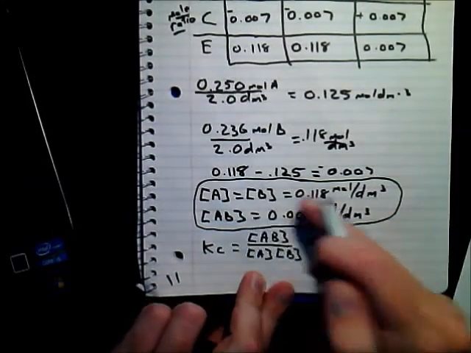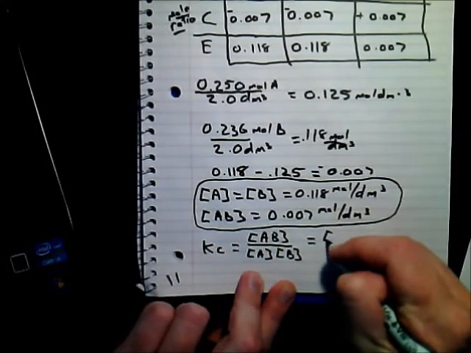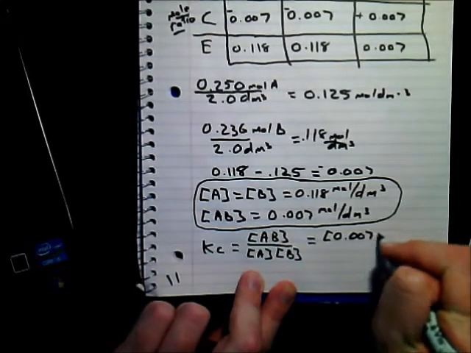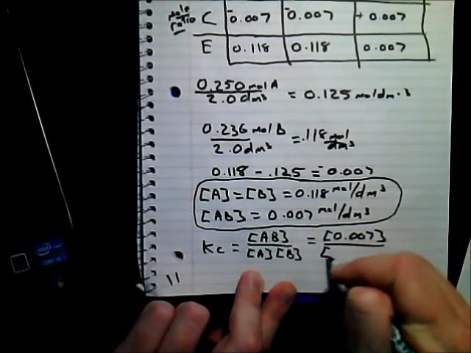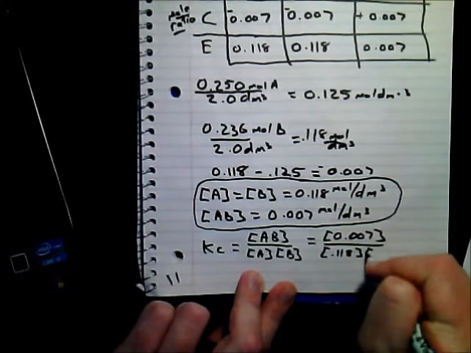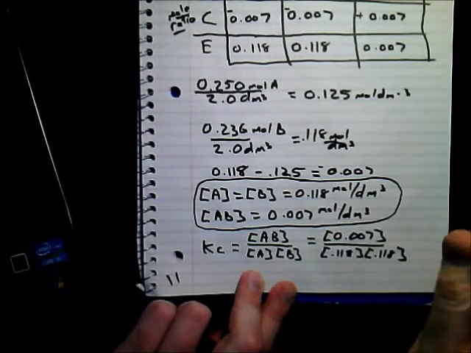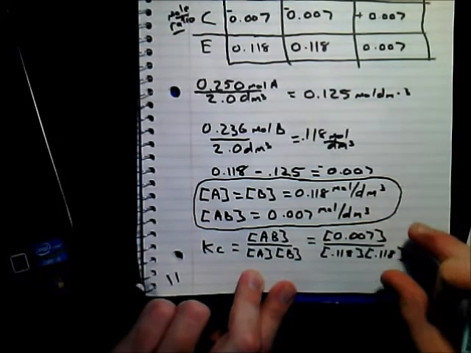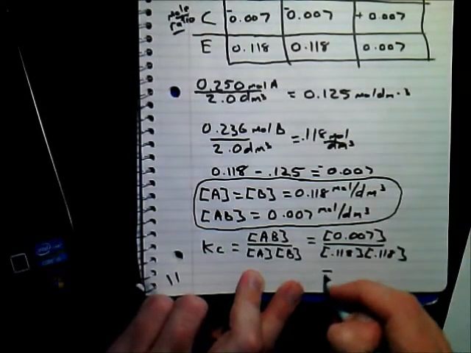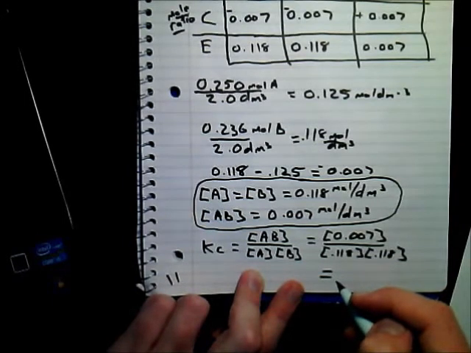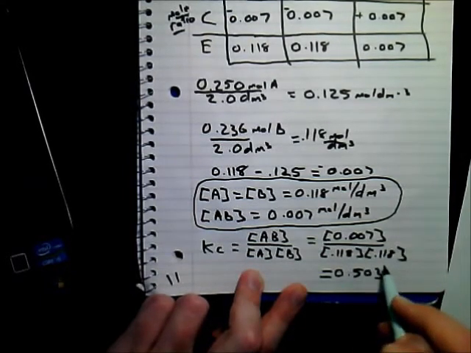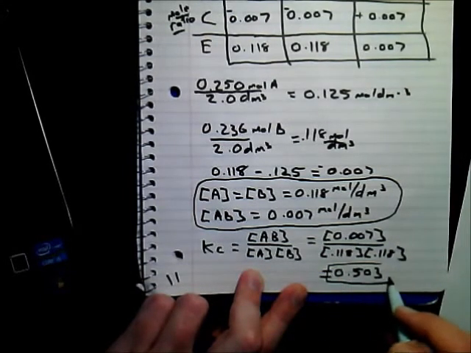And then just pop in these numbers that I just figured out: 0.007, and then 0.118, 0.118. So from my equilibrium concentrations, I can figure out my value for Kc, and that turns out to be 0.503. And remember, this is a unitless number. So that's the second thing I was trying to answer.